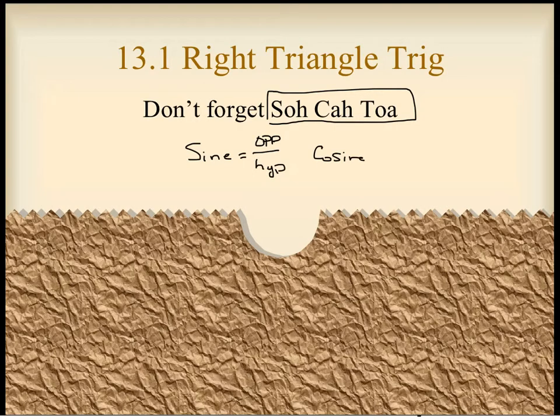Cosine is equal to adjacent over hypotenuse. And tangent, run out of room here, is equal to opposite over adjacent. Okay, so remembering this is a huge help when we're dealing with right triangle trig. And using SOHCAHTOA, we're dealing with right triangles.